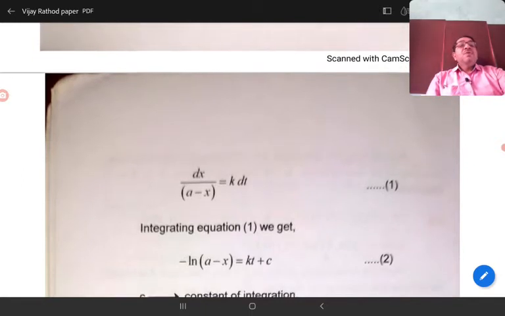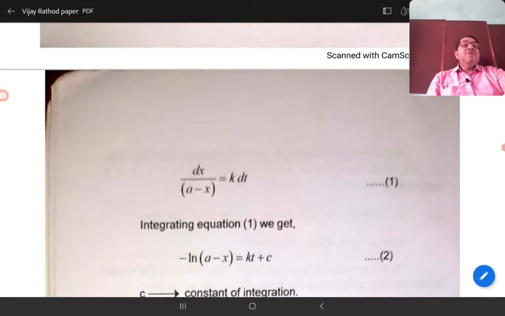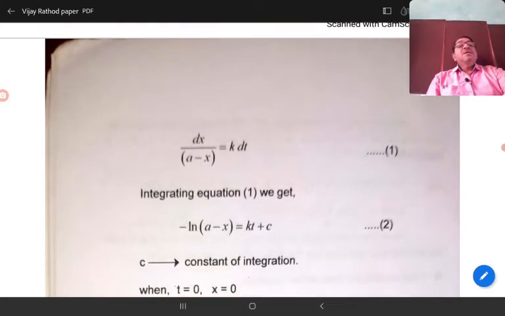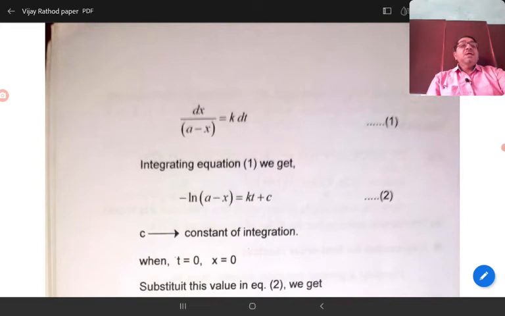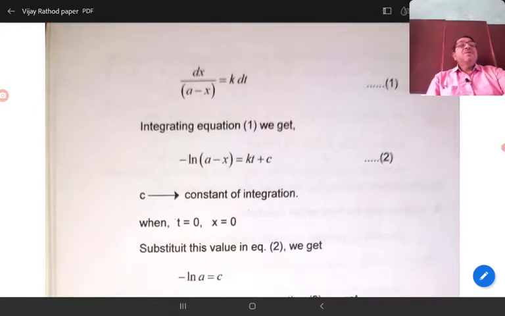So when we integrate equation 1, we get the integrated form, which is minus log of a minus x, equal to kt plus c, where c is the constant of integration.